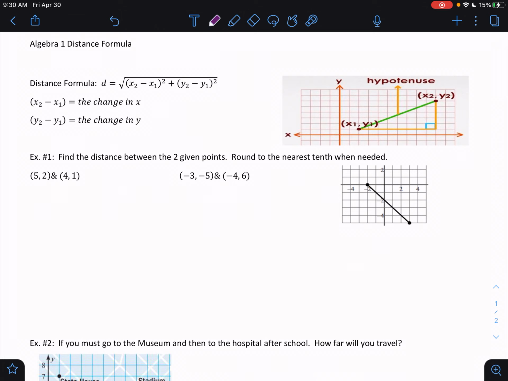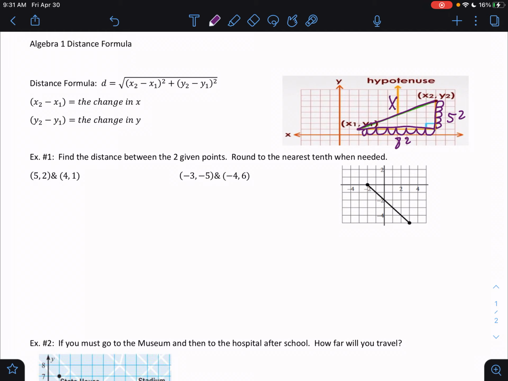So you can use the distance formula or the Pythagorean theorem for these. The distance formula might be easier for you because it just has the x1 and x2, but that way if you ever get confused, you can kind of think about it that way as well. Because if we have this picture over here, right, we can count just like 1, 2, 3, 4, 5, and then we can count this way, 1, 2, 3, 4, 5, 6, 7, 8, and then we have 8 squared and 5 squared, right?